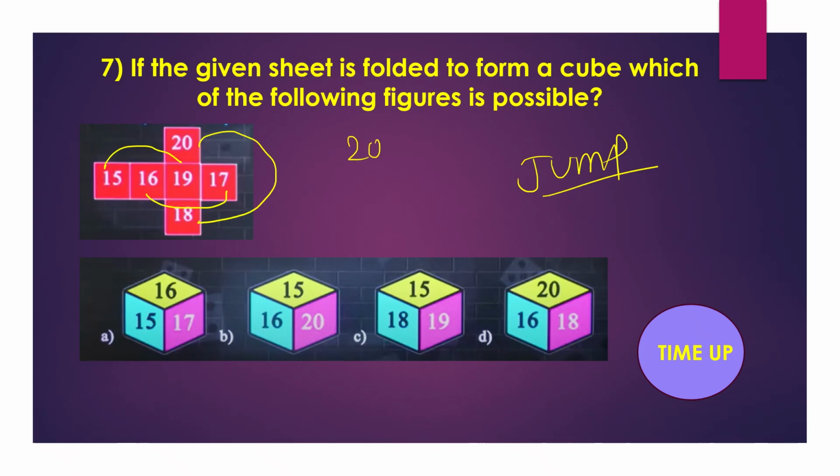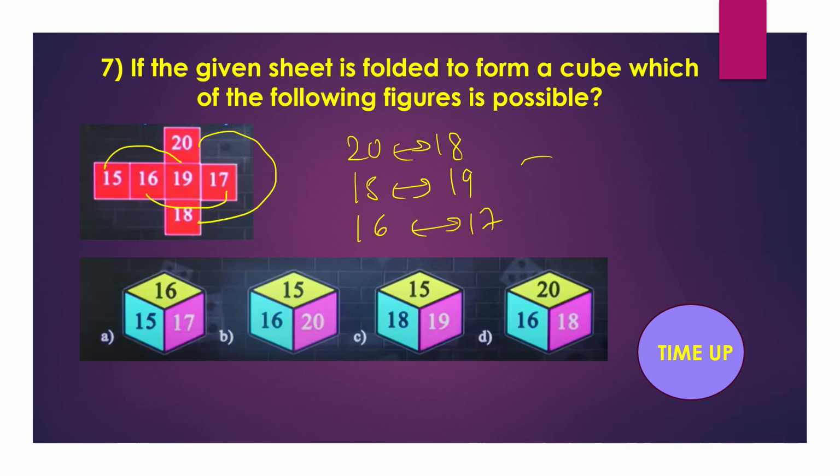Now this 20, 18, they are opposite pairs, correct? 15 and 19 are opposite pairs. 16 and 17, these are all what? Opposite pairs, correct? And opposite pairs can never be adjacent to each other, correct?